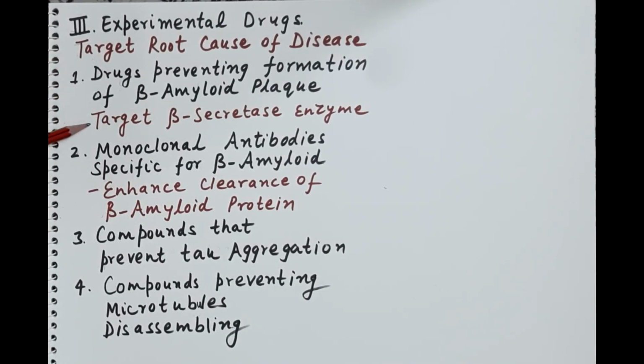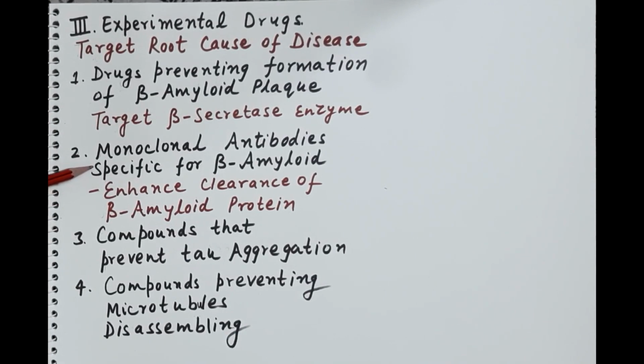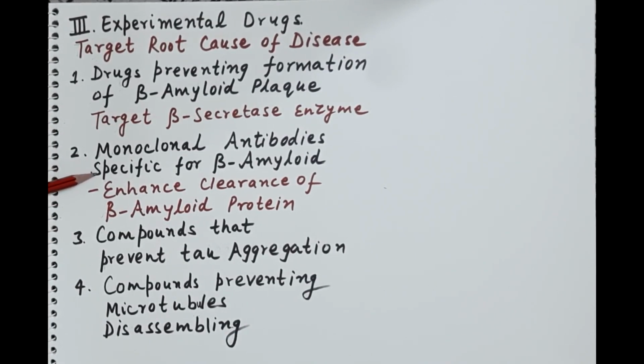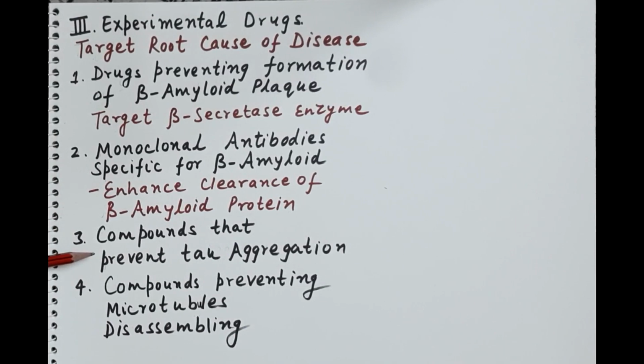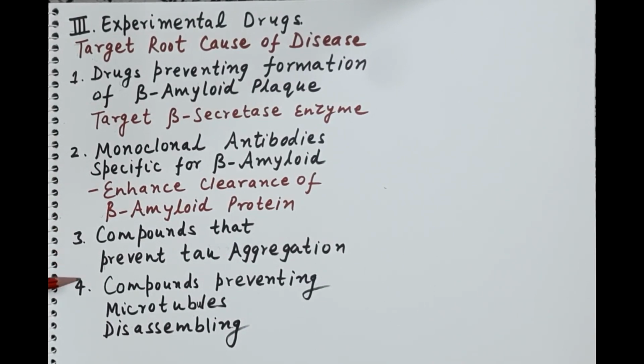One of the targets is the beta secretase enzyme, so that there can be prevention of the formation of beta amyloid protein, followed by the formation of senile plaque. Another area of research is monoclonal antibodies specific for the beta amyloid proteins, which can enhance the clearance of beta amyloid protein from the body. Another area of research is compounds that prevent the aggregation of tau.